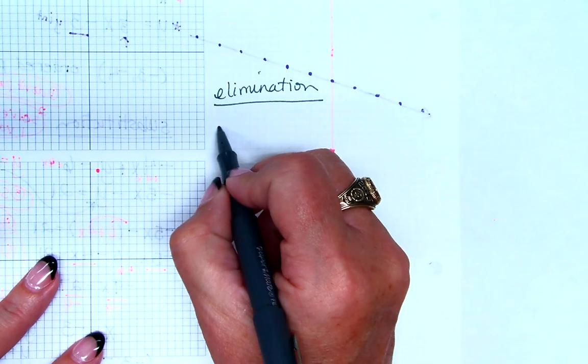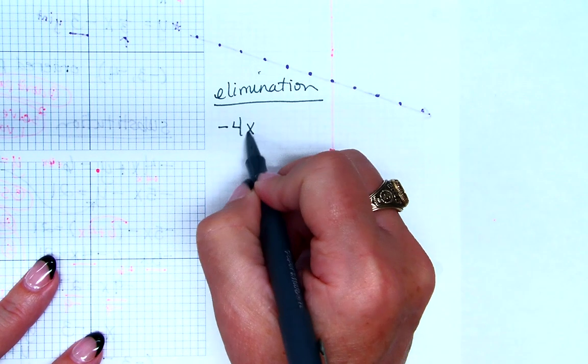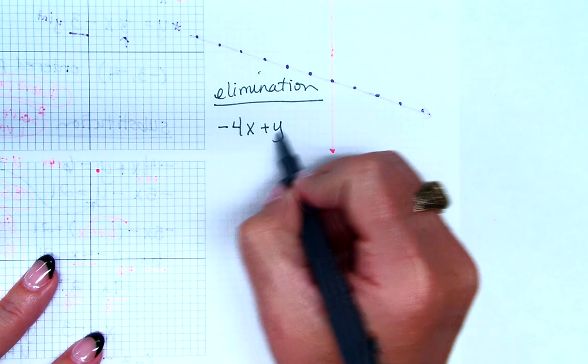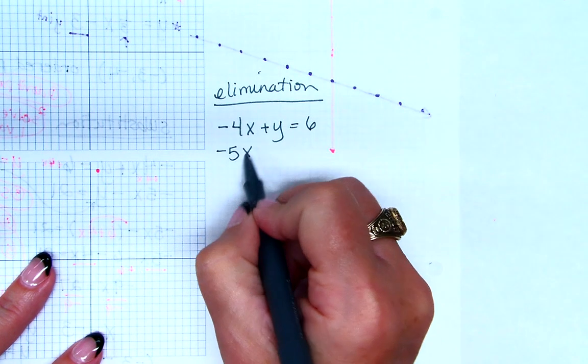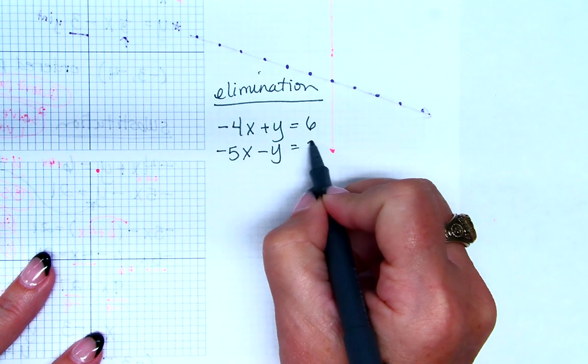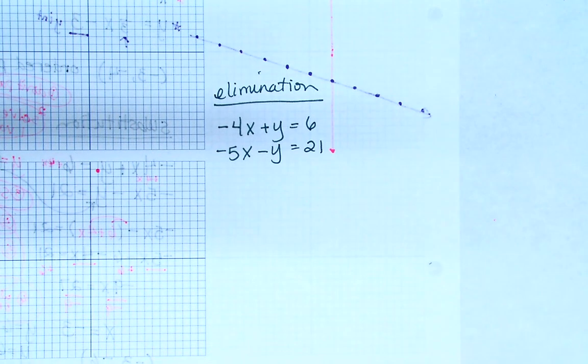So let's do this problem. Negative 4x plus y equals 6. Negative 5x minus y equals 21. Now the thing about elimination is that by the name you can tell, hopefully, that I'm trying to eliminate a variable, right?